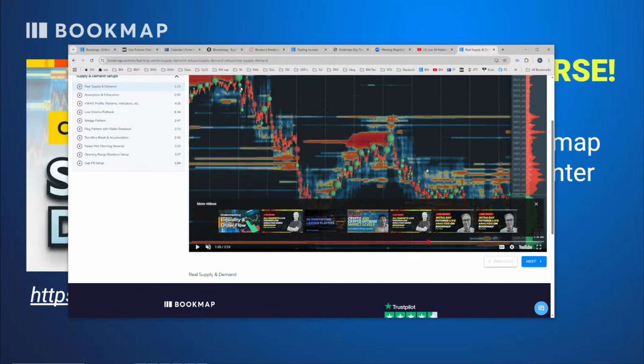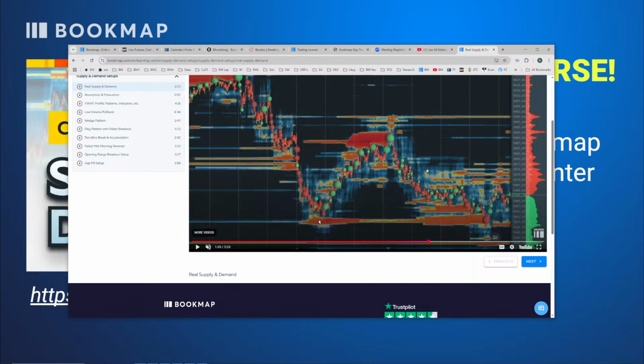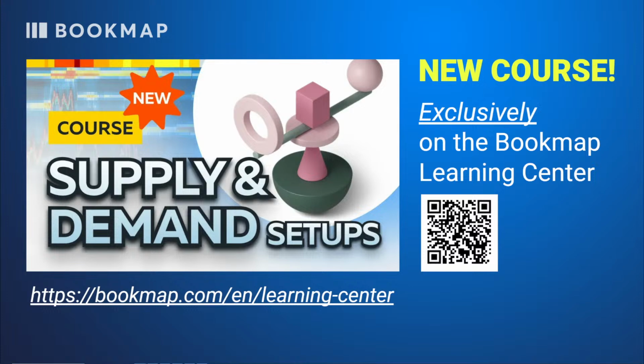Like right in here, up here, high supply trades into it, high demand down below hits into it, high supply again. It's like a ping pong ball back and forth, because this is where the traders are. This is where there's liquidity and the market can transact there. That's what supply and demand is all about.